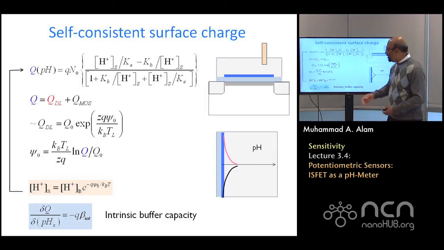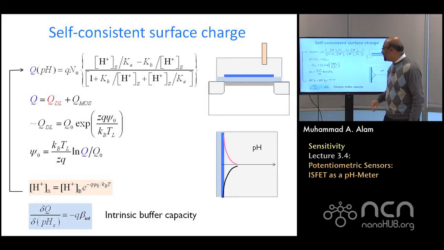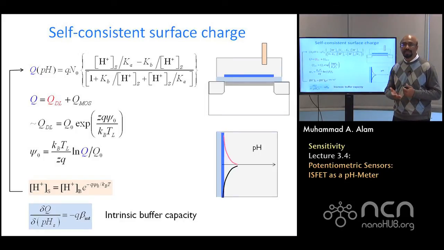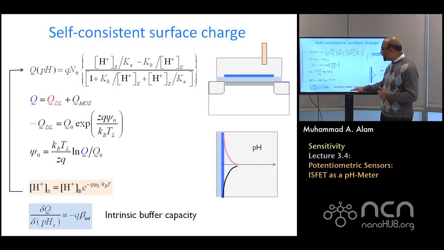Now, often people write this expression, the sensitivity of change in Q with respect to change in the surface concentration, as a parameter called intrinsic buffer capacity. This ability to screen little change in surface charges, little change in pH concentrations close to the surface, is called a buffer capacity. I just wanted to quickly point that out.